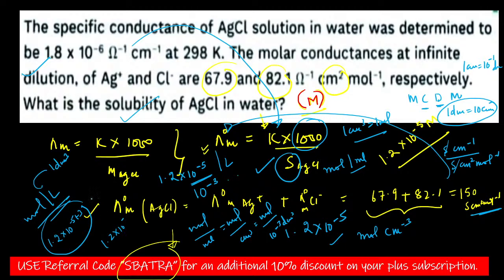Is this point clear to all of you? Any doubts over here? Just tell me if you have any doubts. This is how you have to convert the values. You have to convert centimeters to decimeters, because decimeter cube is nothing but your liter, and finally you have to report your answer in mole per liter. That is your molarity. I hope this is clear. Any doubts?